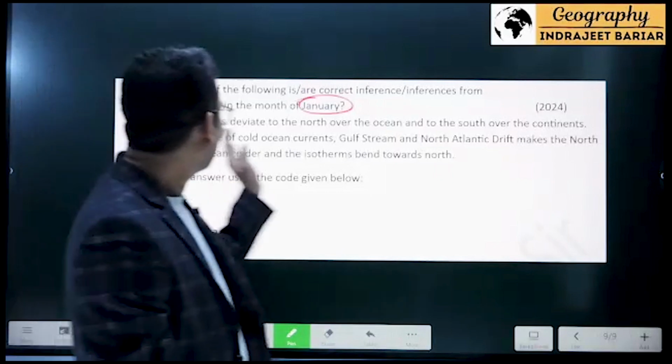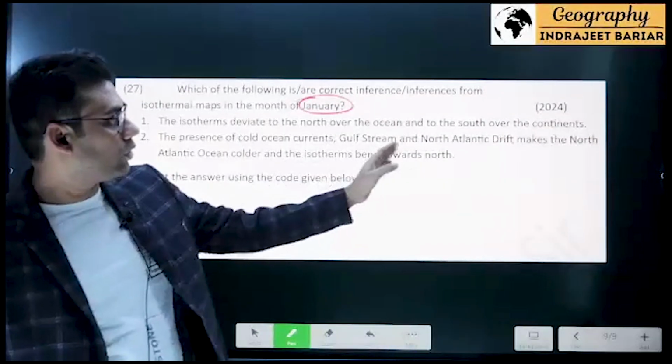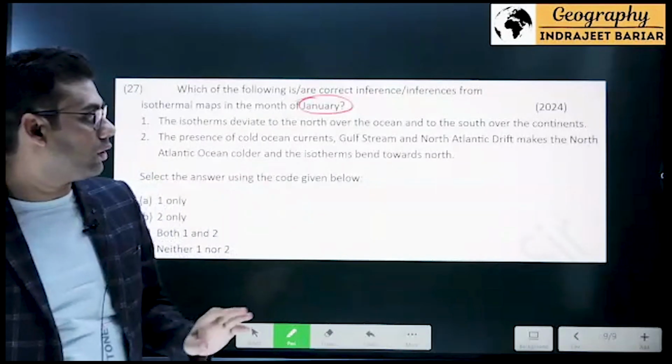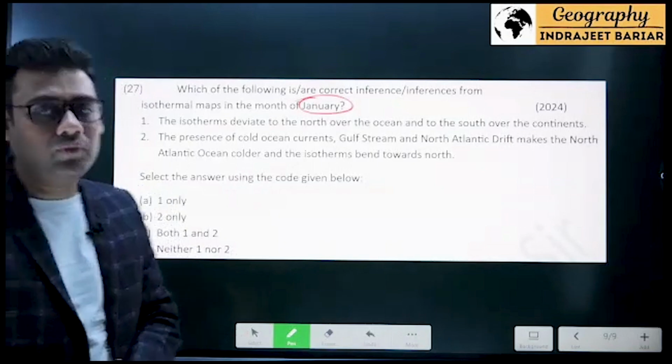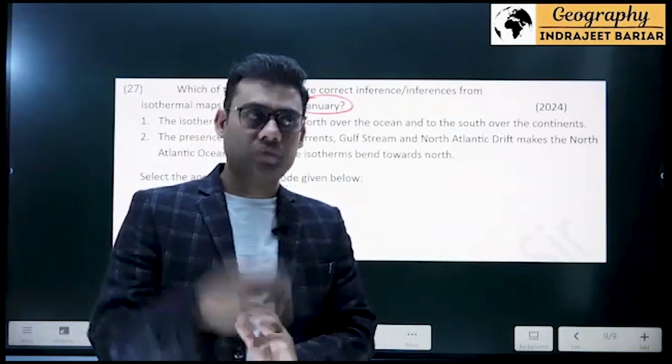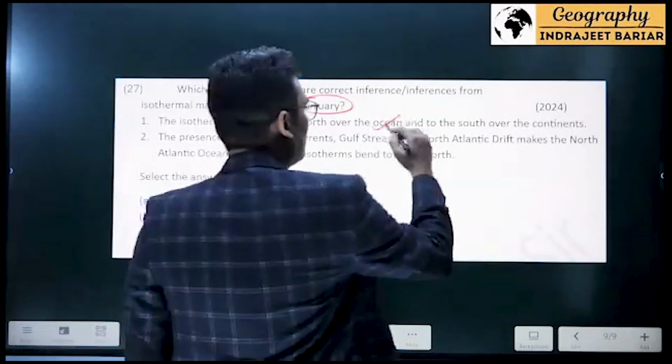Okay, the first statement: in the January isotherm, the isotherm deviates to the north over the ocean and south over continents. Correct statement? Yes, correct statement. Over the land, we have seen the rule, January southward deviation. So this first statement is correct.